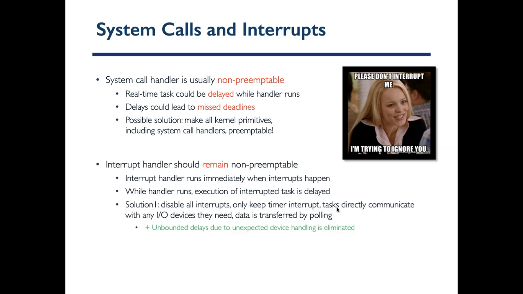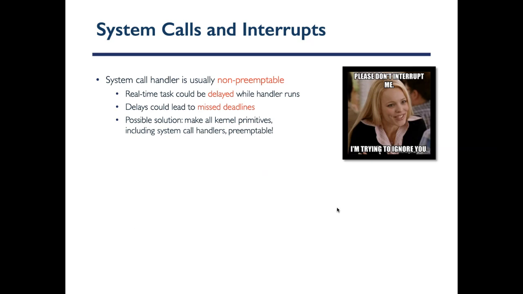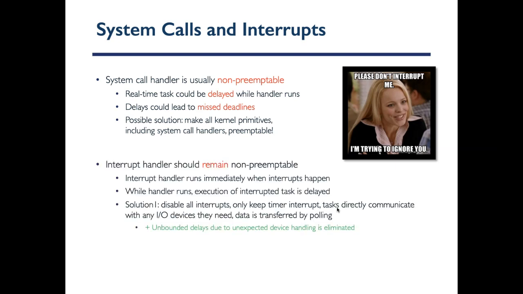So one possible solution is to let interrupt handlers be preemptive as well. And in essence, that doesn't introduce a lot of problems. So it's doable, and it's the way to go if you're designing a real-time operating system.